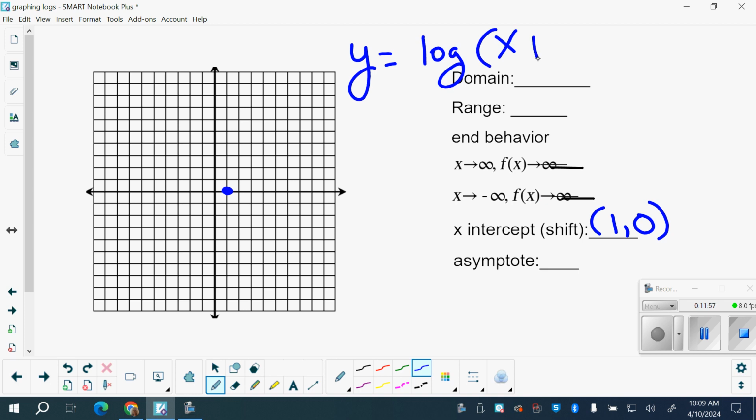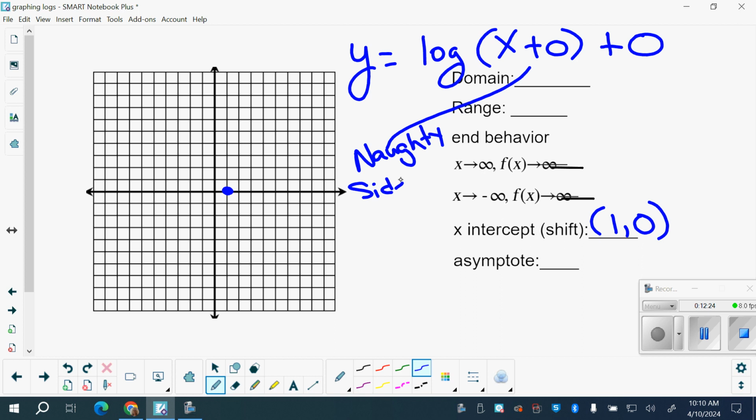The lava now is the stuff inside because that is always our side to side stuff. So side to side is always going to be in the parentheses, and the extra stuff added on is always the vertical. Remember, this is always naughty because it's in timeout, and it is always side to side.